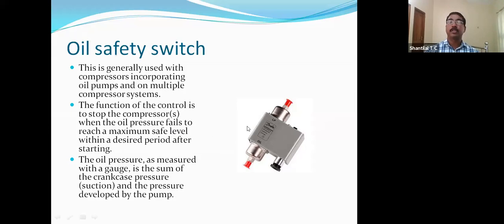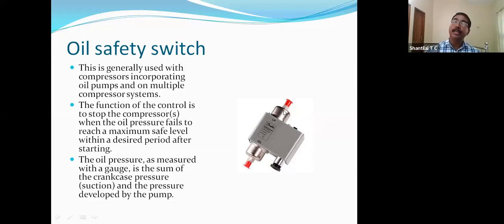So what is the function of the oil safety switch? The function is to stop the compressor motor when sufficient oil pressure is not reached within a specific period, or while running, if oil pressure decreases below the limit, at that time it stops the motor. This oil pressure as measured with a gauge is the sum of crankcase pressure, that means suction pressure, and pump pressure.